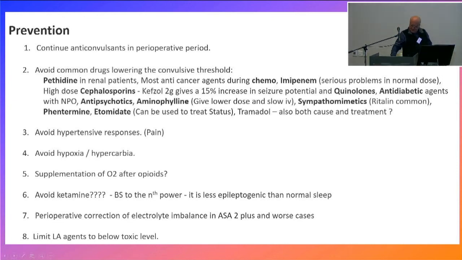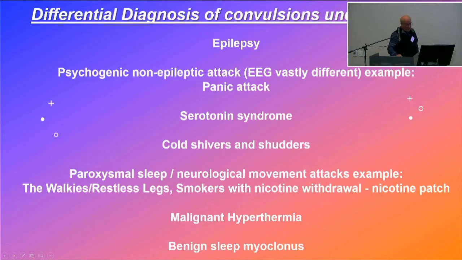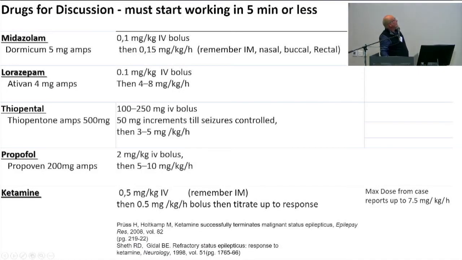Okay, let's have a look. There we have it. Midazolam, you're quite right. I should have asked what dose. Reasonably low doses will give you enough treatment to abort the convulsions.